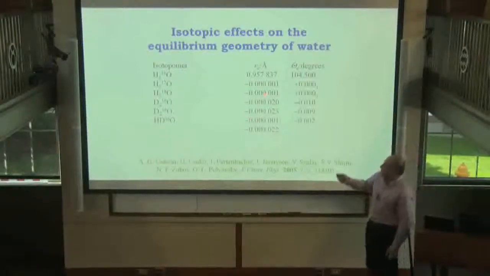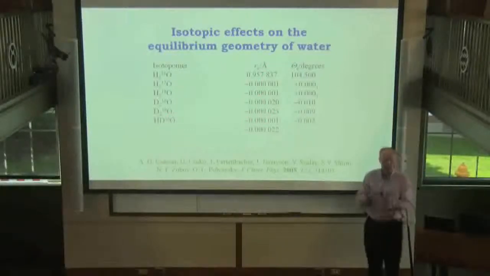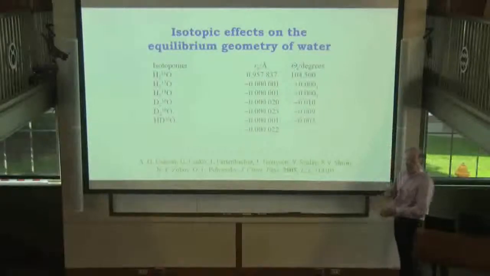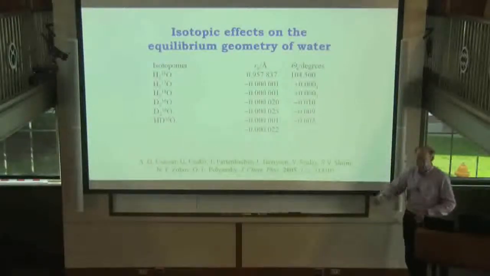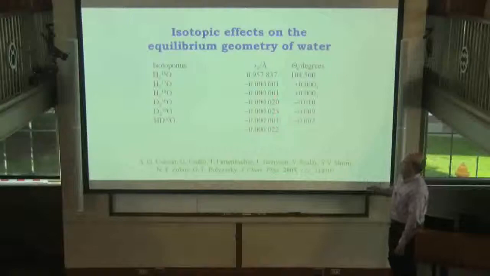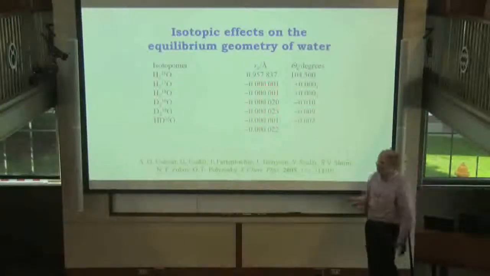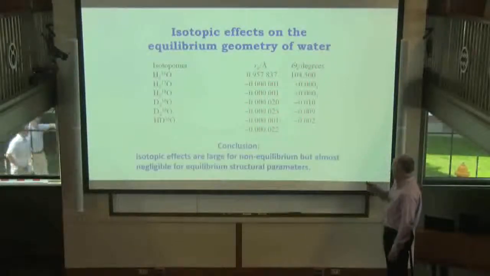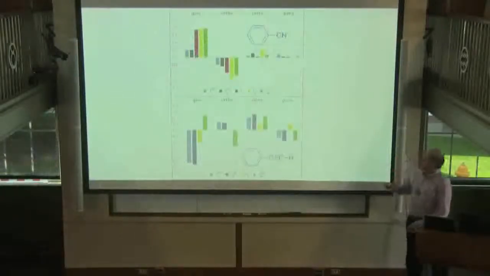There is basically no difference between an OH and an OD bond length if you compare equilibrium structures. But if you compare effective structures in the first vibrational state, yes, there is a difference because it's an anharmonic potential. So equilibrium structures are good in this sense also, that there is basically no isotopologue effect, not even in the angle.